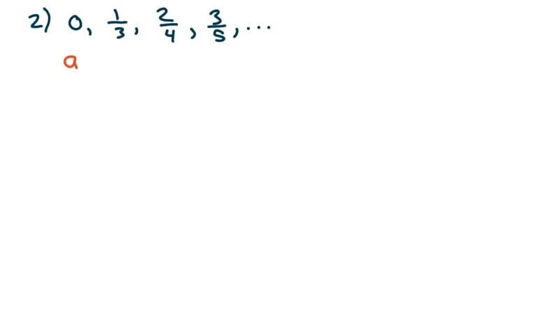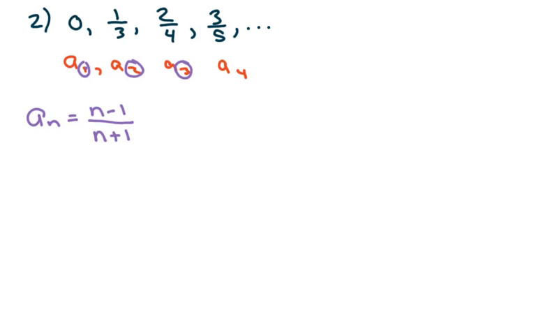So if I have this as my first term, second term, third term, and fourth term, and basically I'm trying to match these numbers up here, and therefore what I'm going to get is my nth term is going to be n minus 1 over n plus 1.